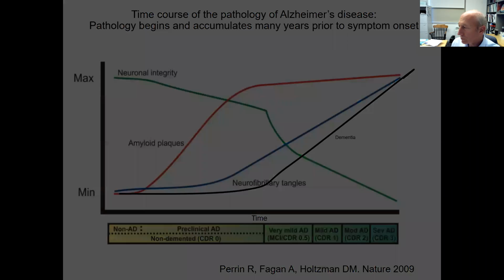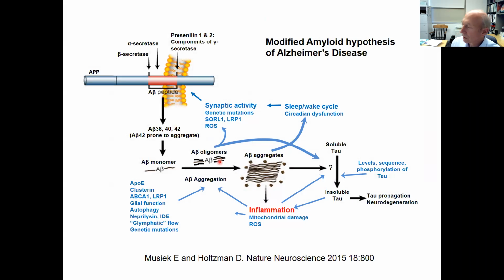It's been hypothesized for a long time now that amyloid in some way both initiates and causes the disease that we know. And there's certainly a lot of evidence, genetic and other, that A-beta is critical for this disease, but there's no question that there's many other elements that are required to really develop the disease.